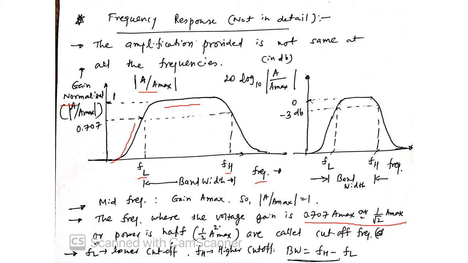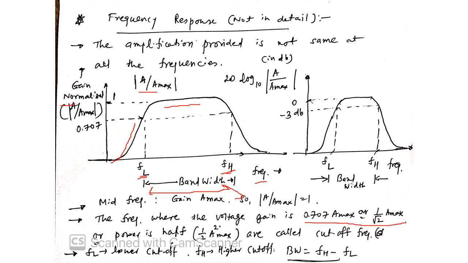FL is called the lower cutoff frequency, FH is called the higher cutoff frequency, and the difference between FH and FL is called the bandwidth. Okay, bandwidth is the higher cutoff frequency minus the lower cutoff frequency. The unit is hertz. Okay, so the higher the bandwidth, the more beneficial it usually is.